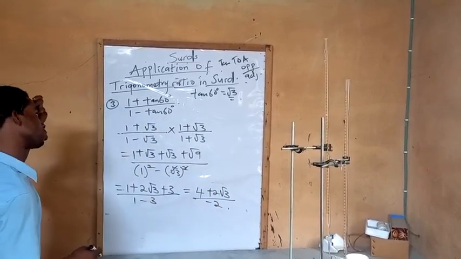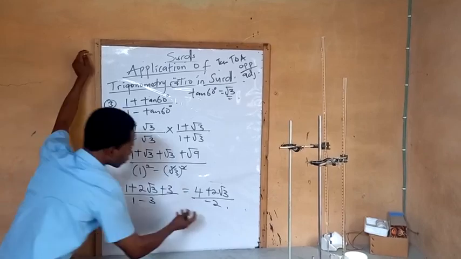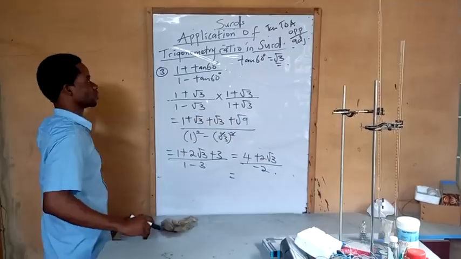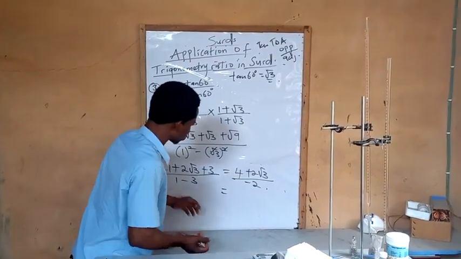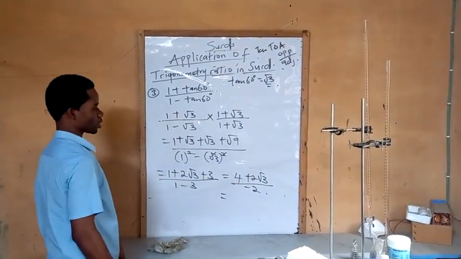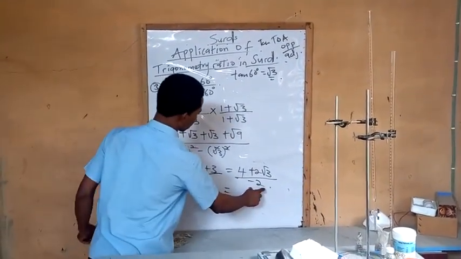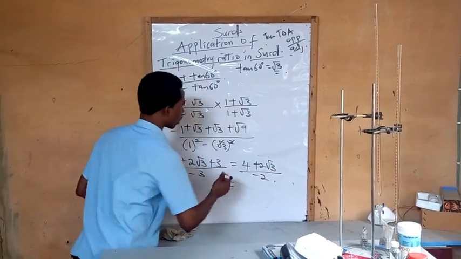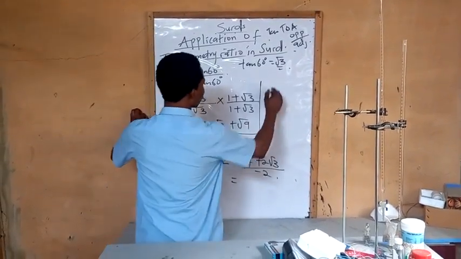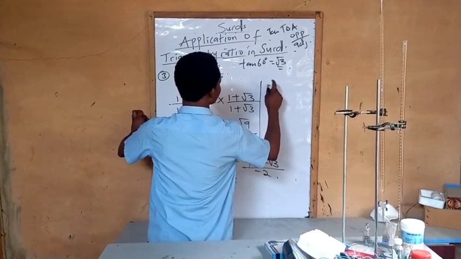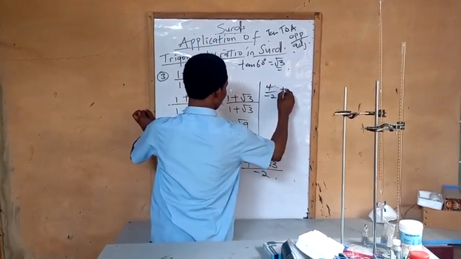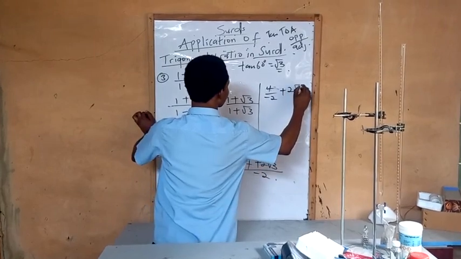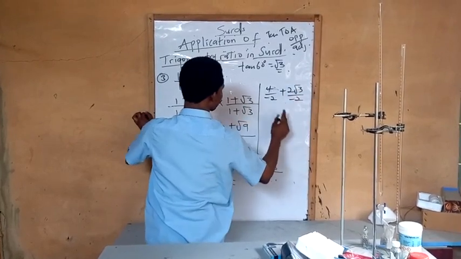So you may decide not to stop here. You can just distribute this minus 2 over this and over this. That will be 4 all over minus 2, plus 2 root 3 all over minus 2.